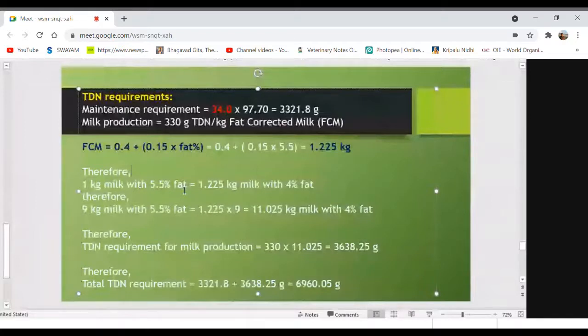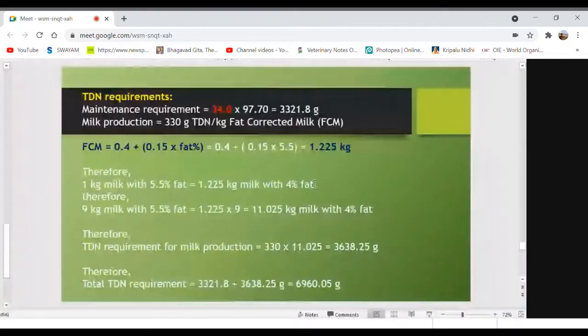Actually, whatever milk there is, the fat percentage will be different. But for calculation of energy, we have to make that particular quantity of milk as a milk having 4% fat. And for that, we need to calculate fat corrected milk.